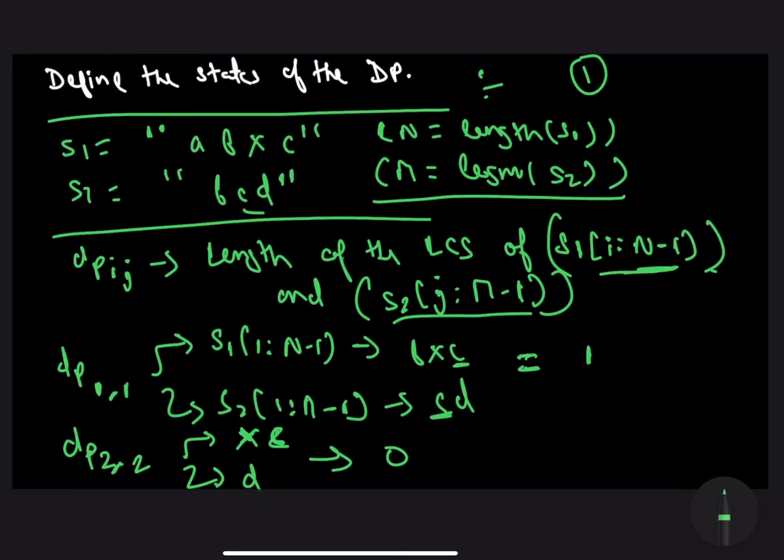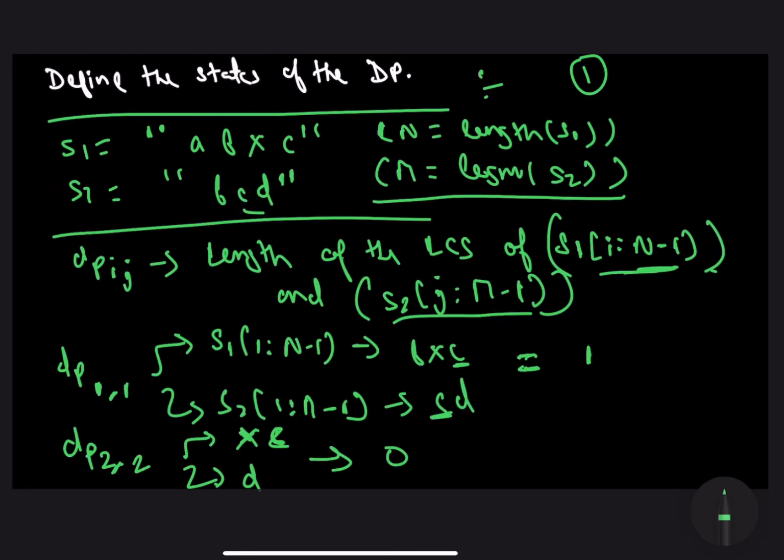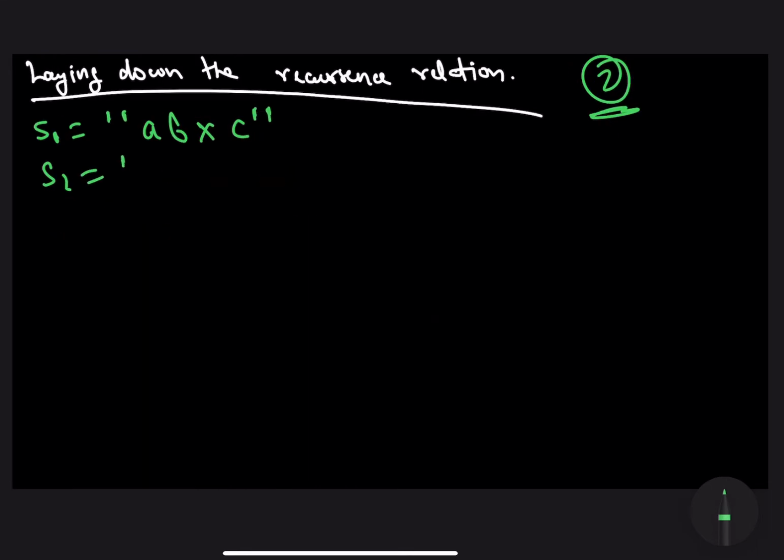So we will have a look at the same example again. So the example was S1 equal to ABXC, and the example of S2 was S2 equal to BCD. All right, now we have already defined DP of i comma j.